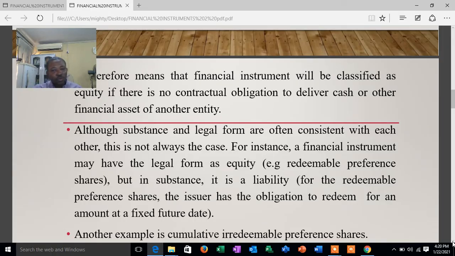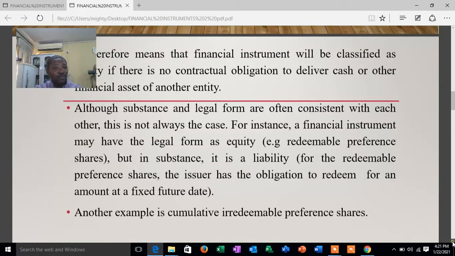To redeem, to pay that loan back, to redeem that share, then you simply say that the substance of that transaction is what will actually hold in this instance, not necessarily the legal form.